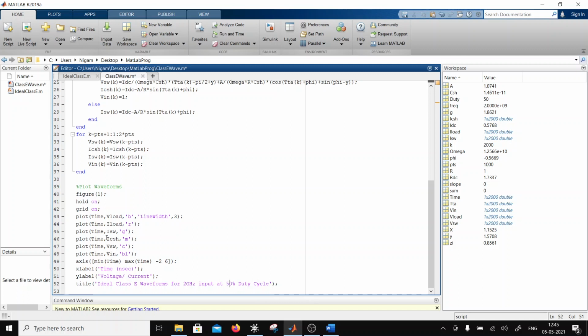And my voltage waveform switch is magenta. I want to put here red color, and my load is also red color, so it's okay, doesn't matter. I can put here a dash. Okay, fine. So let's save that and let's run that.